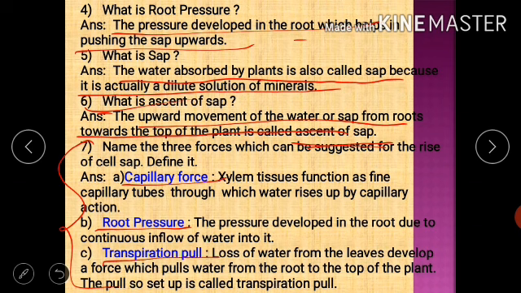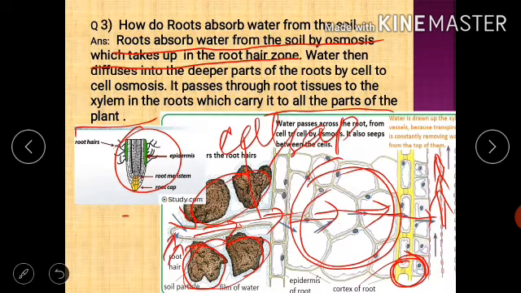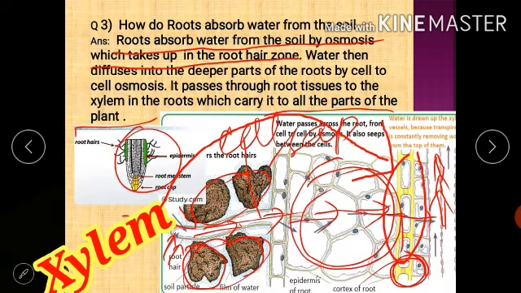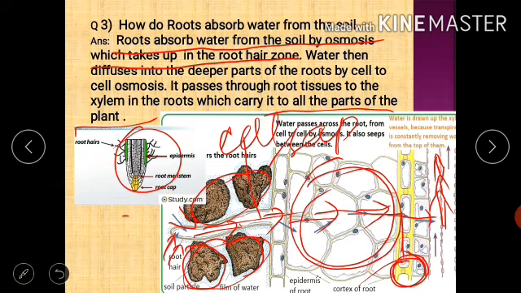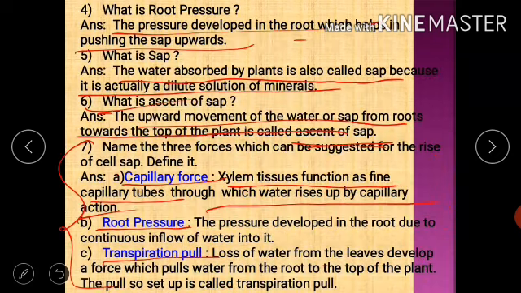Capillary force. Xylem tissue functions as the capillary tubes through which water rises up by capillary action. This xylem tissue, can you see, acts as a capillary tube, and through this the water rises up with the help of capillary action.